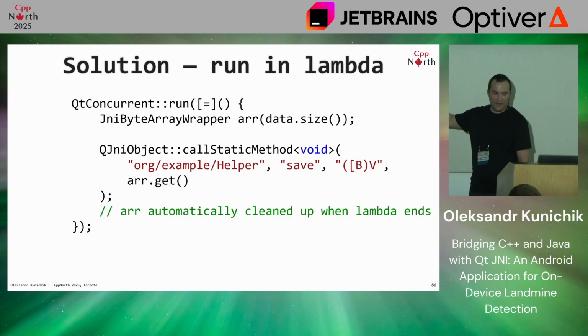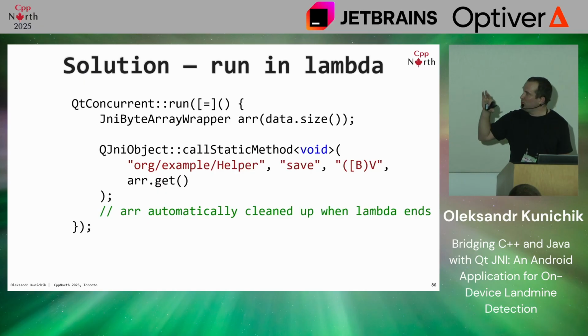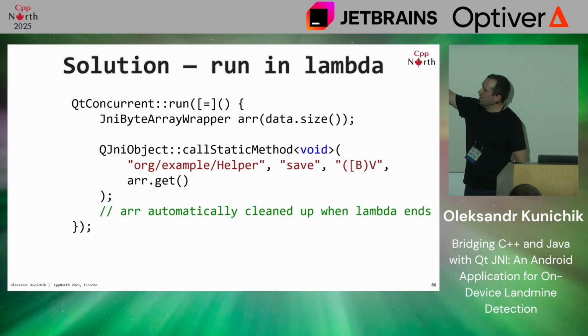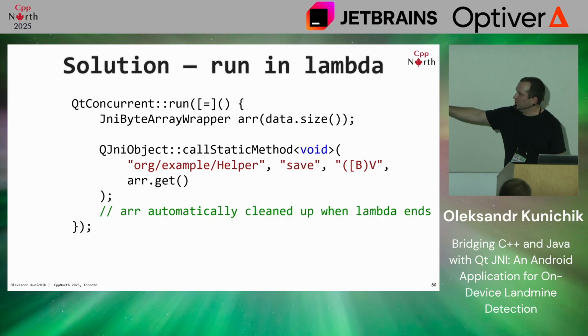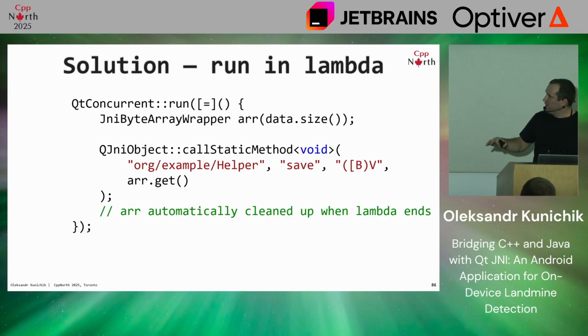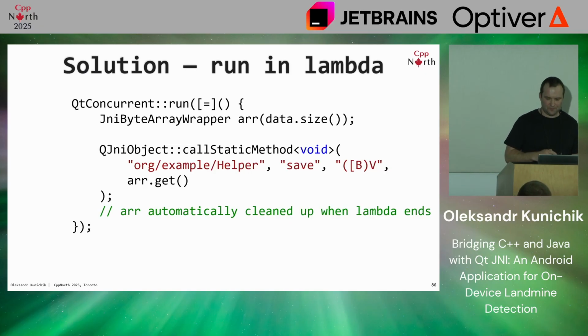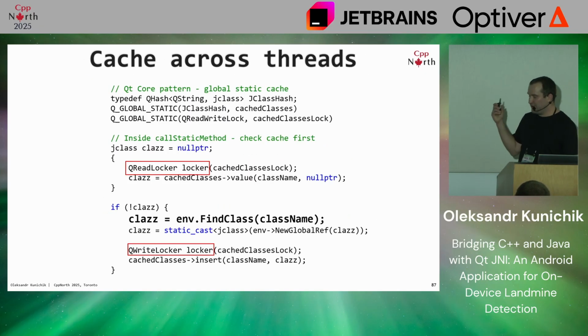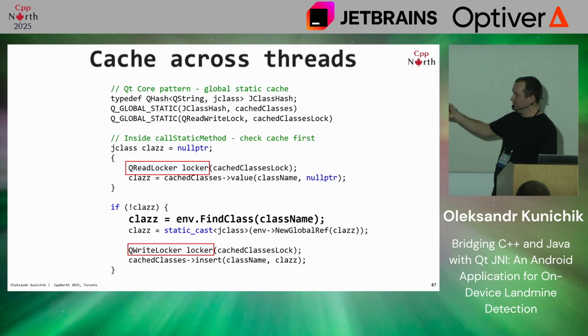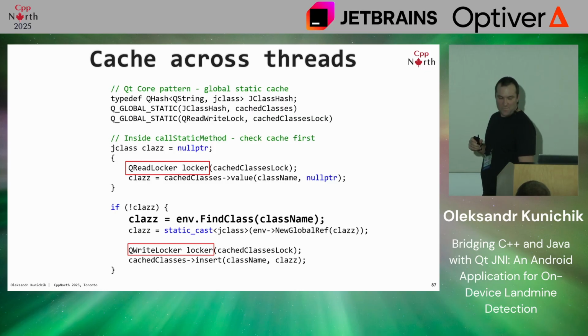So the decision: we can keep all JNI work, from creating the data to calling the method and using it, in one place. If we use a wrapper like here, everything will be deleted automatically. And when the environment is destructed, it will detach from the process.